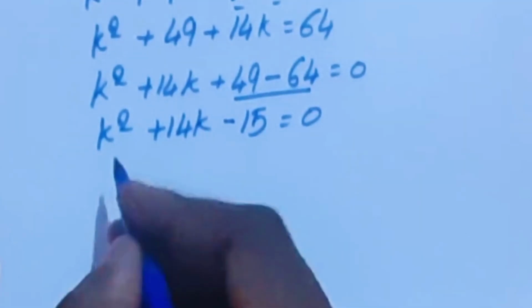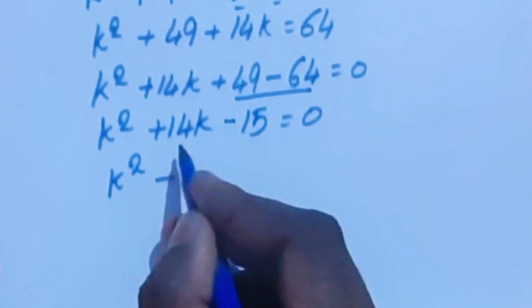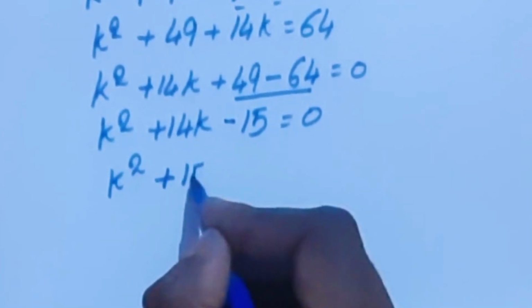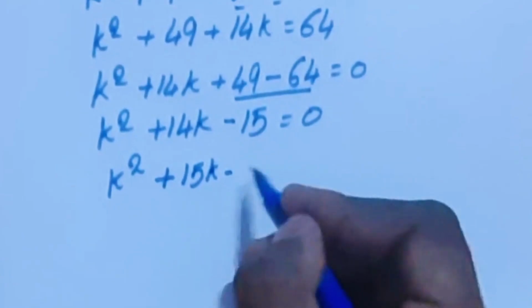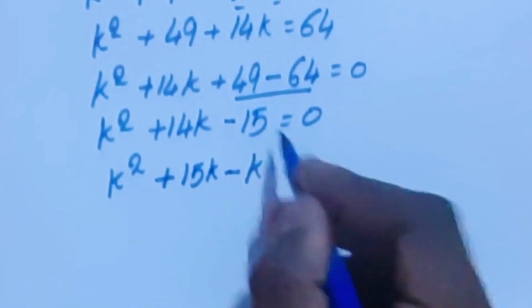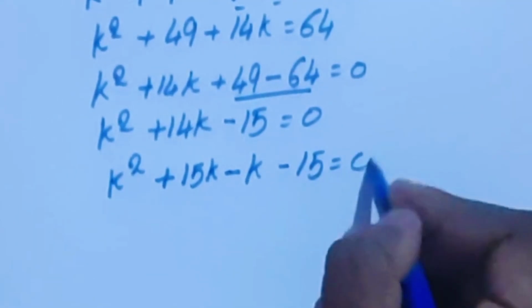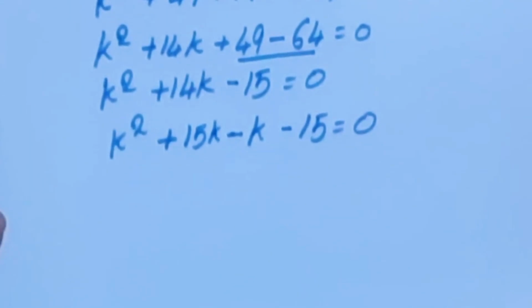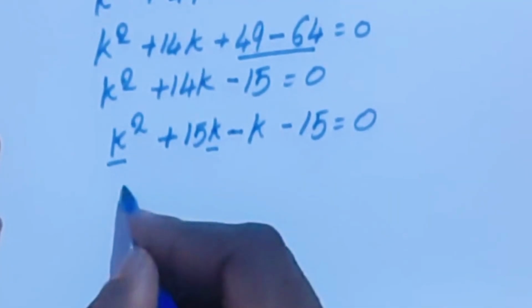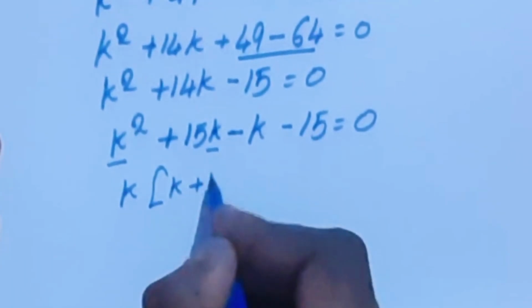Now k^2, this 14k can be written as 15k minus 1k, that is k, and here it is minus 15 equal to 0. Now here we are going to take k common out from this, so k(k + 15).